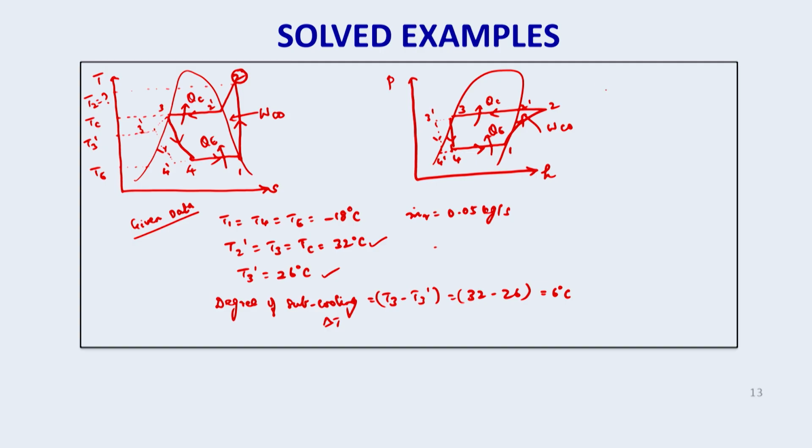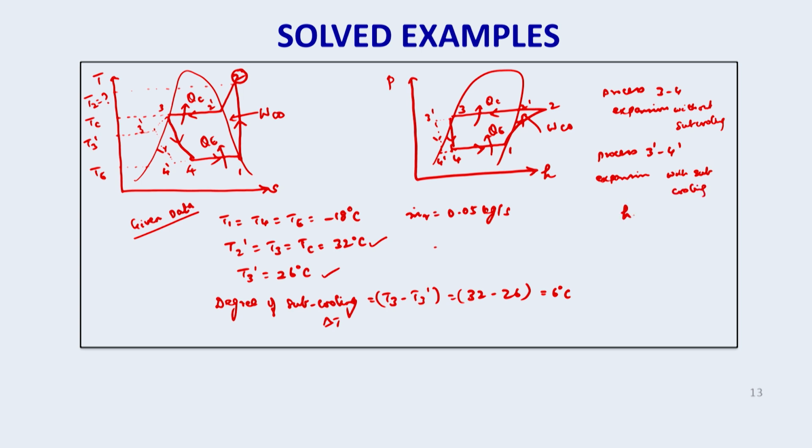Process 3 to 4 is isenthalpic, that is expansion process without subcooling, and process 3 dash to 4 dash is expansion with subcooling, that is after subcooling.